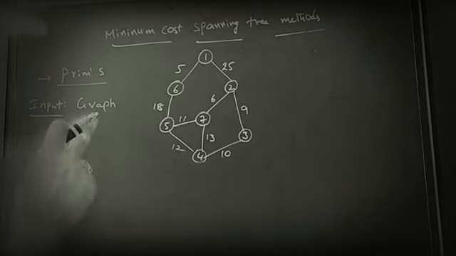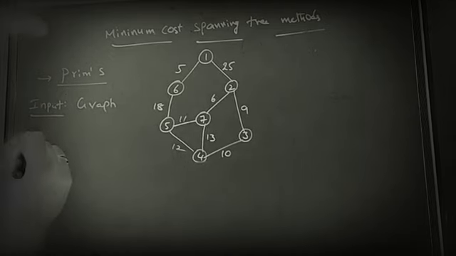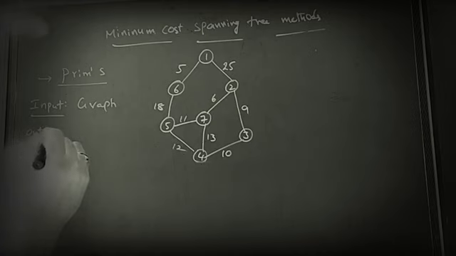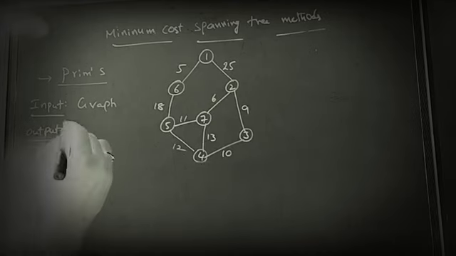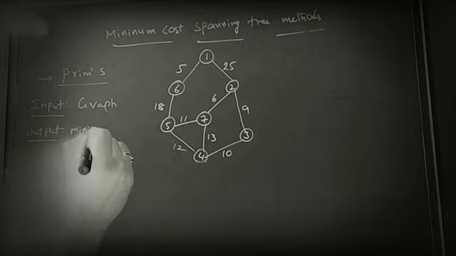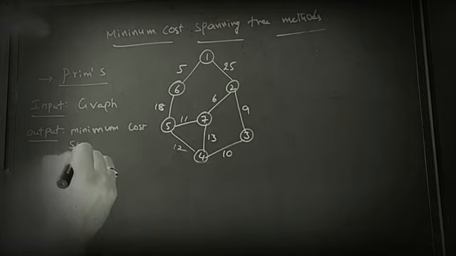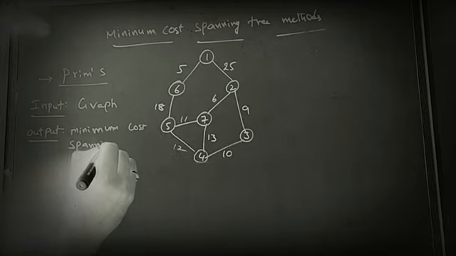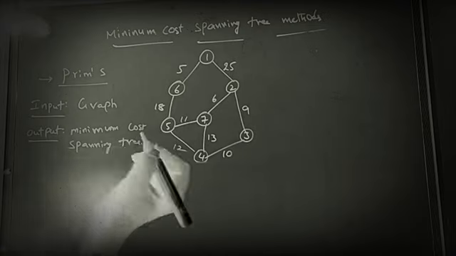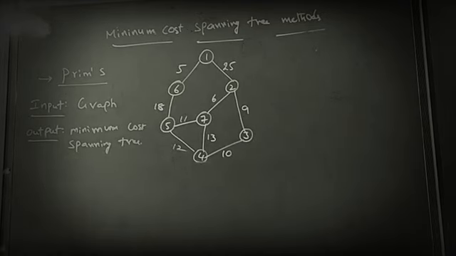What is the output after Prim's algorithm? Output is a minimum cost spanning tree.